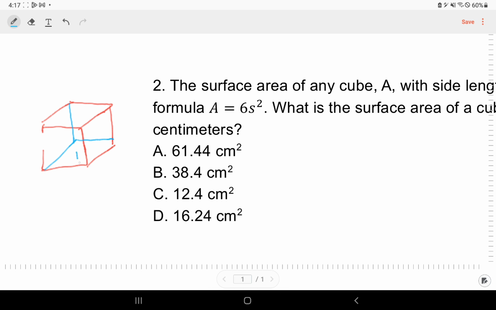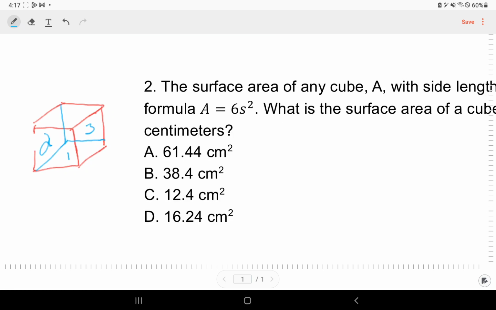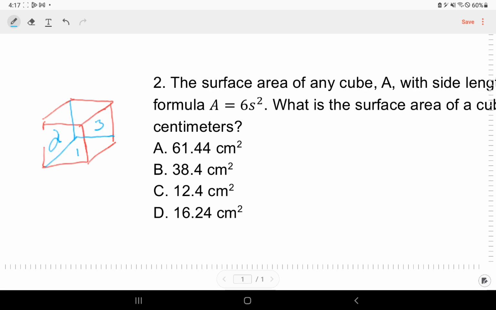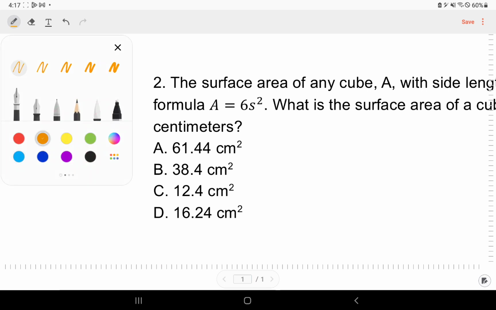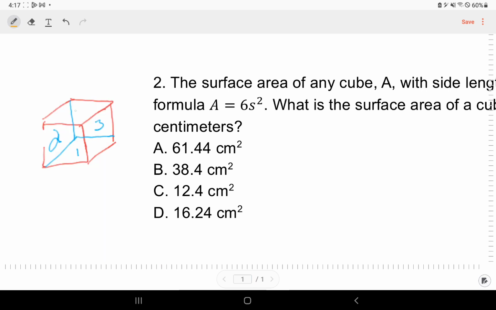We have one here on the bottom, one here on the back, and back. So those 3 are the 3 we can't see. Then we've got the 3 we can see. The top, the front, and the side. And so that's 6 sides. So that's where the 6 came from.